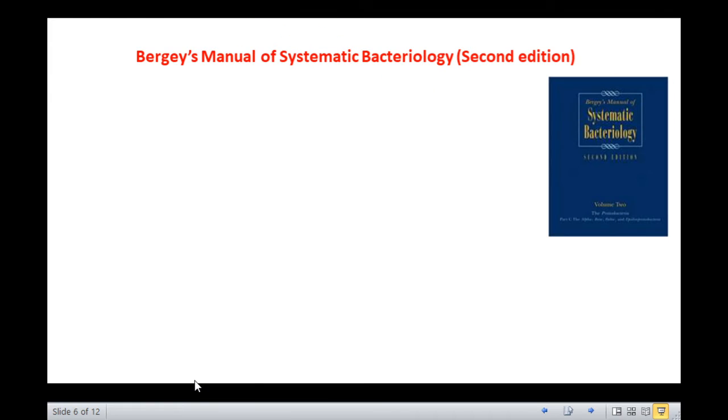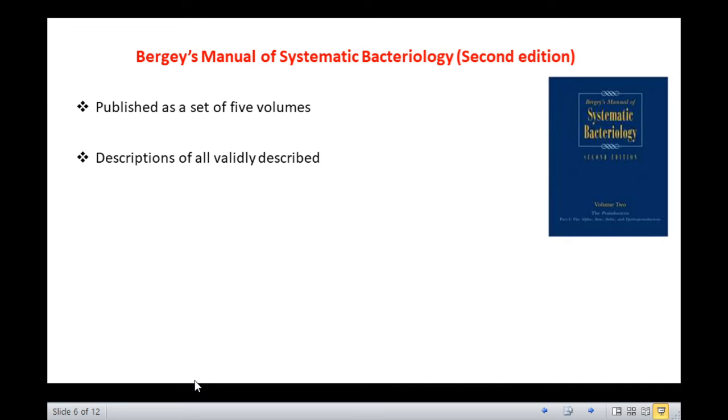More recently, the second edition of Bergey's Manual of Systematic Bacteriology, which is the most encyclopedic treatment of all described prokaryotic species, including Archaea and bacteria, has been published as a set of 5 volumes. In this second edition, experts have prepared detailed descriptions of all validly described prokaryotic taxa.